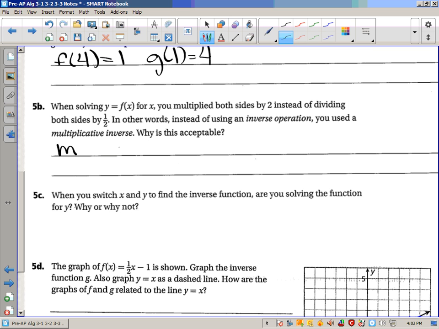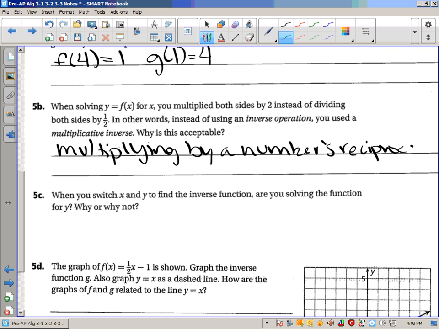Because multiplying by a number's reciprocal is equivalent to dividing by the number. Okay.